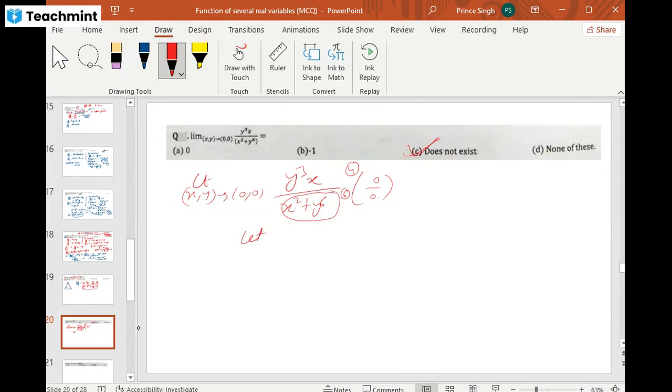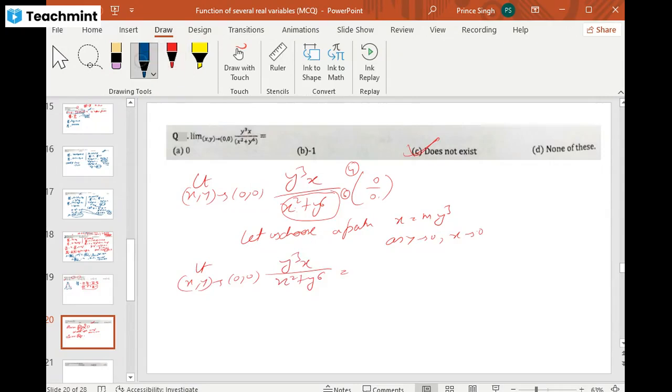Let us choose a path x equal to my cube so that your denominator become homogeneous. As y approaches to 0, x approaches to 0. So we have limit (x, y) approaches (0, 0) of y cube x upon x square plus y raised to power 6.